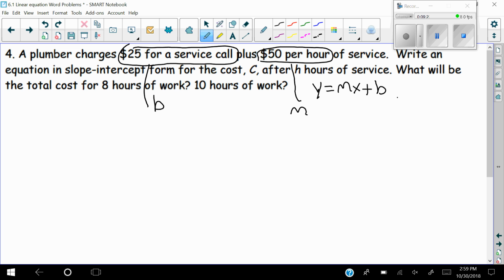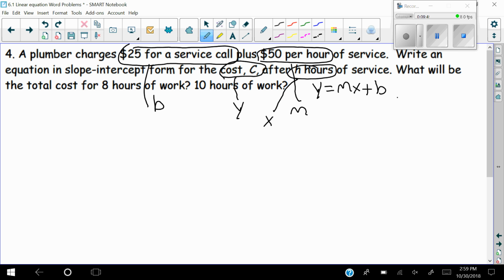All right, now I just got to find my independent and dependent. What happens after what? Okay, so let's write an equation in slope-intercept form for the cost after H hours. So the cost again here, that's going to be my Y. After H hours, the spot to put that is my X. Okay, so I'm going to place everything here in those spots there.